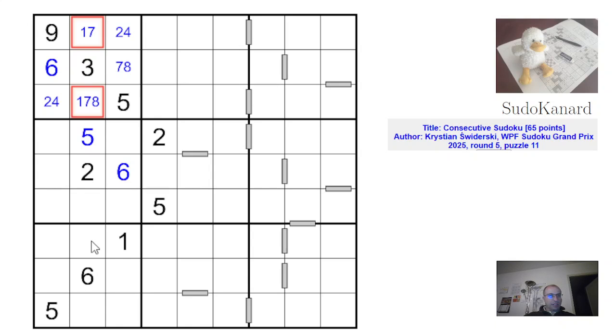So where else can we look? So let's ponder the fact.